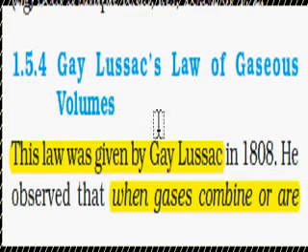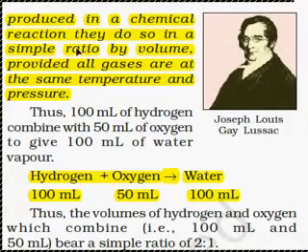Fourth one, Gay-Lussac's law of gaseous volumes. The law was given by Gay-Lussac. When gases combine or are produced in a chemical reaction, they do so in a simple ratio by volume, provided all gases are at the same temperature and pressure.